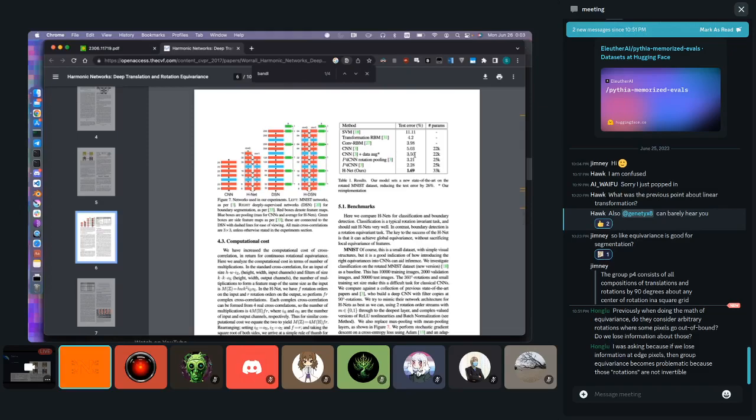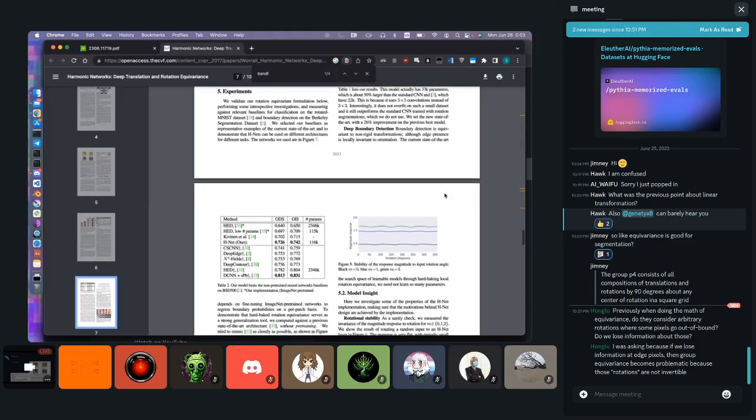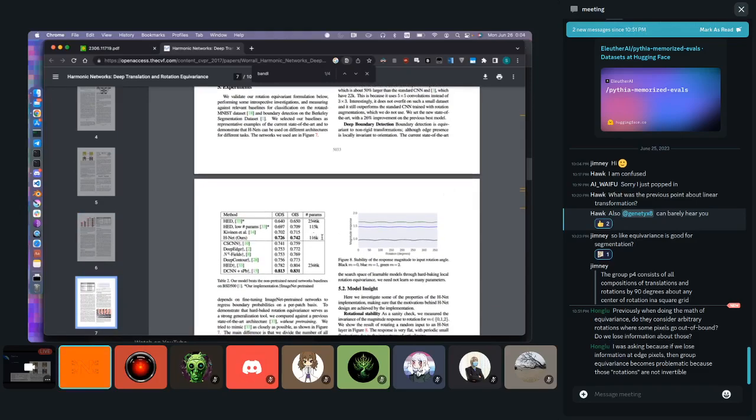Right, okay, I see, table 2 does show that they need fewer parameters for better results. Yeah, here that is the case.